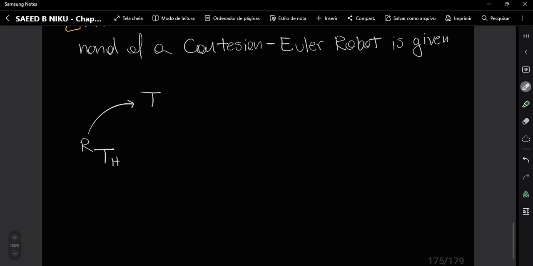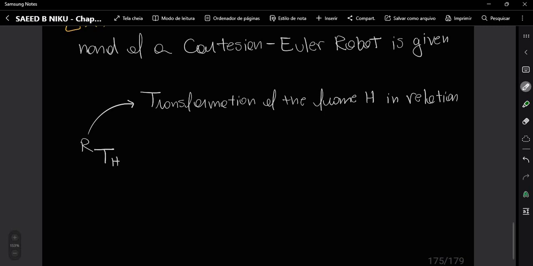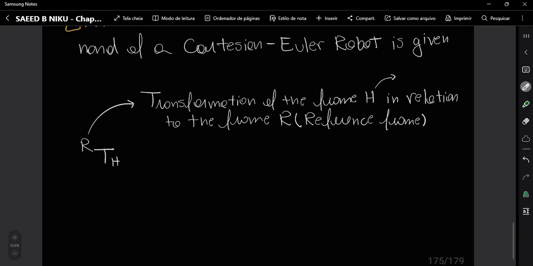So it is a transformation of the frame H in relation to the frame, or reference frame, and right here it is the hand of the robot, just hand.